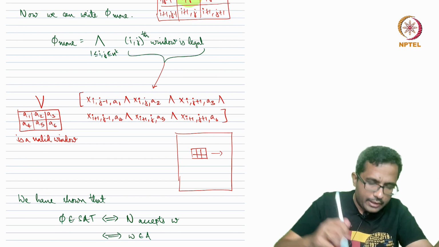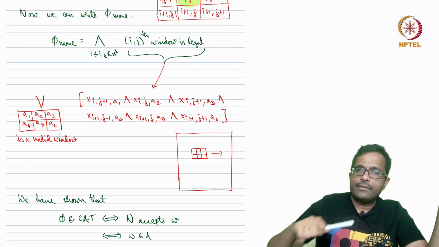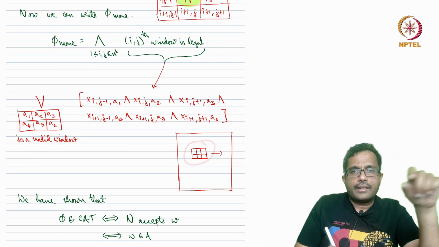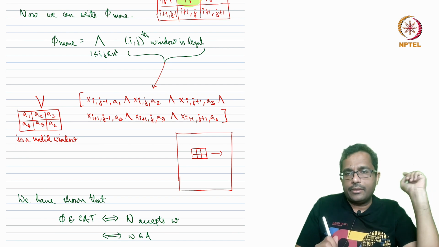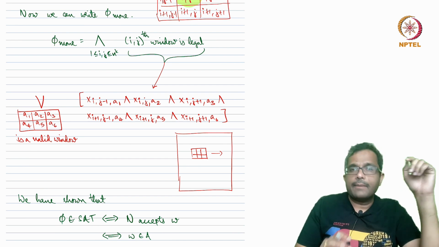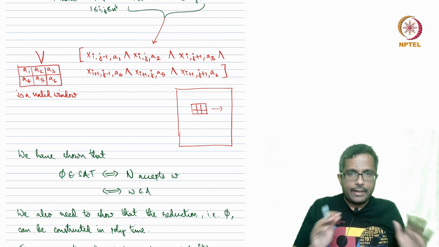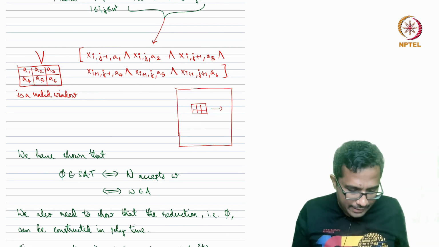So we are going through the list of all valid windows and checking whether this particular chosen window equals any specific valid window, right? So that completes the reduction, that completes the construction. First let us see the correctness.